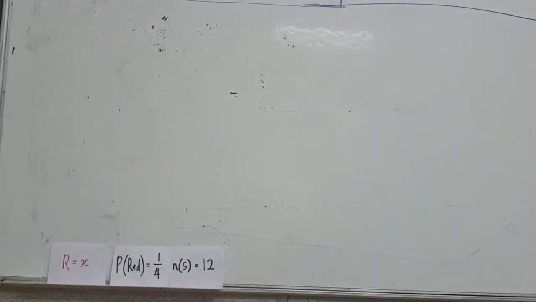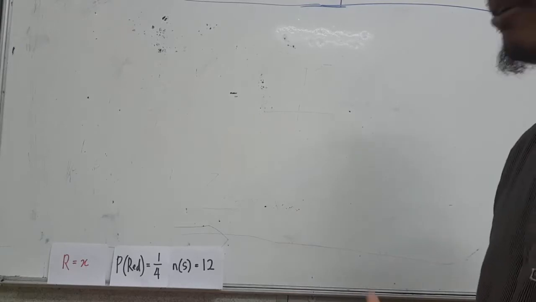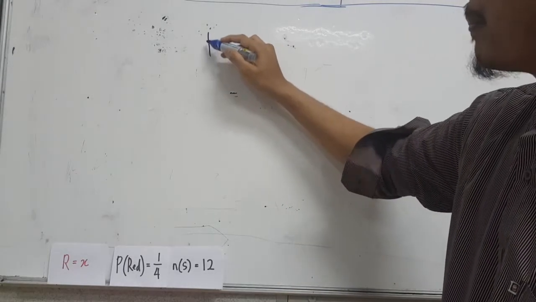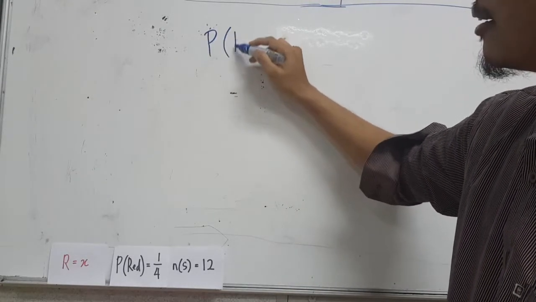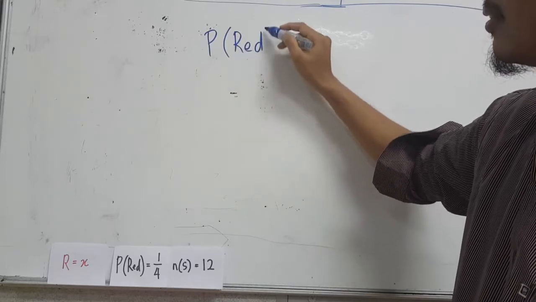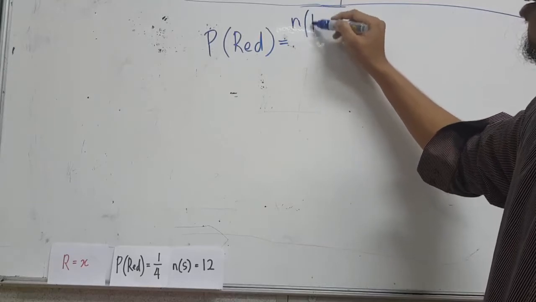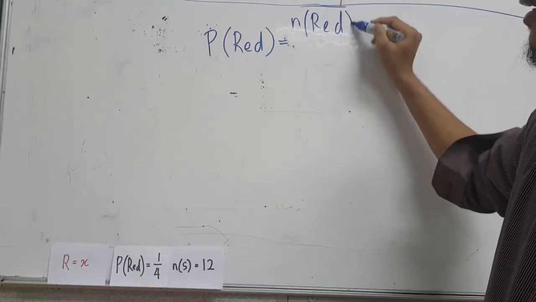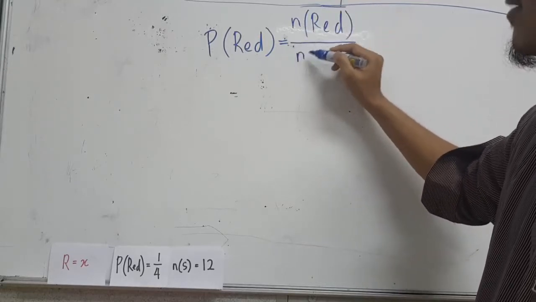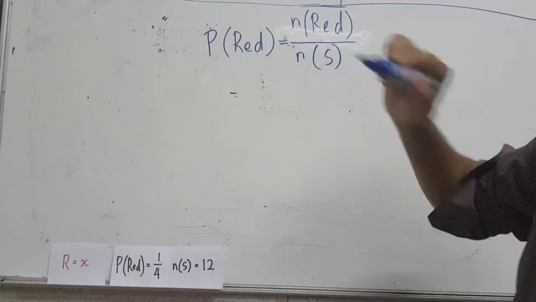We use the formula that we learned before this, which is the probability of red card should be equal to the number of red card divided by the number of all samples.